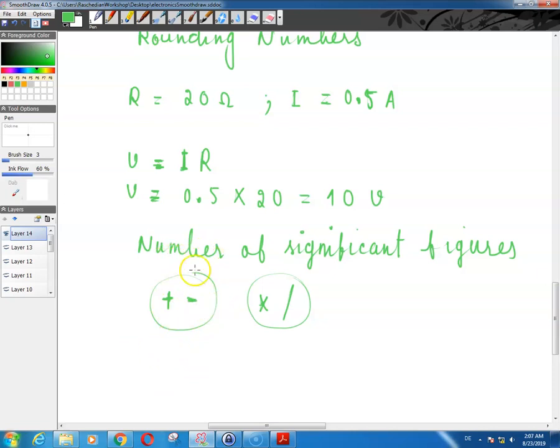There are all kinds of problems with the wires that you use, all kinds of tolerance with the power supply, and with the test equipment that you have. They're not calibrated, and all of those problems. So it doesn't really matter if you follow all of the rules of significant figures and rounding numbers. As long as you have some number that you can work with, that's more than enough.